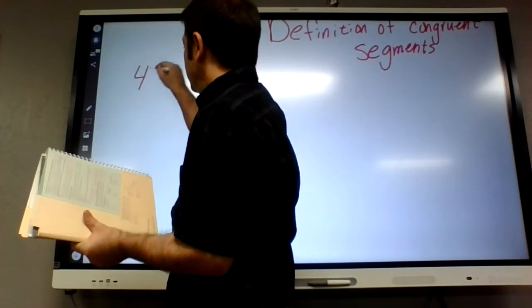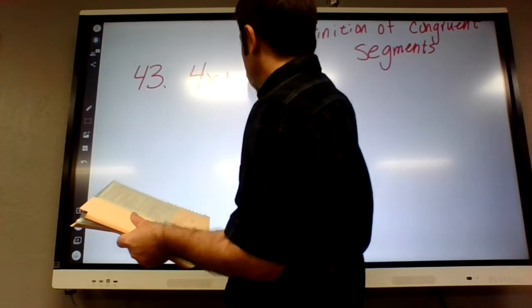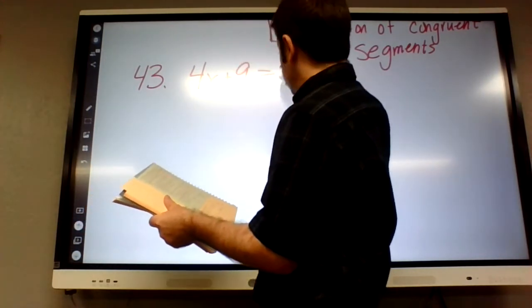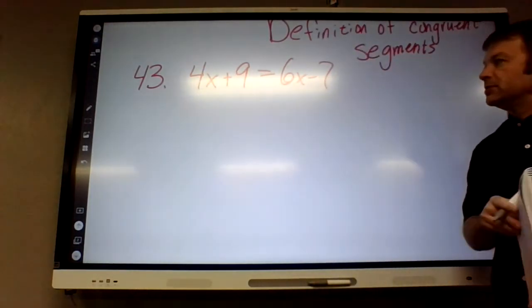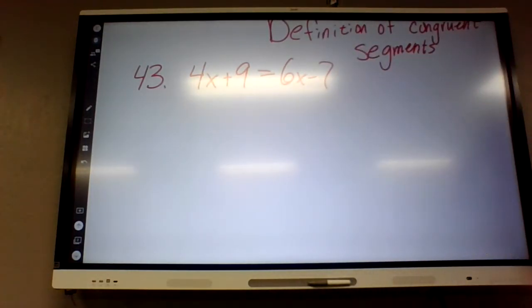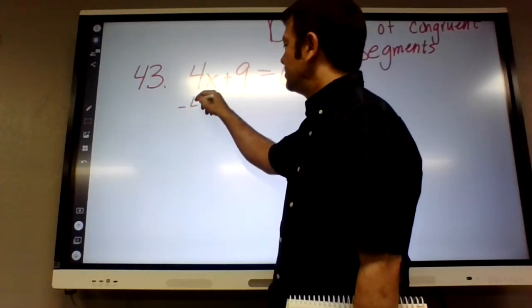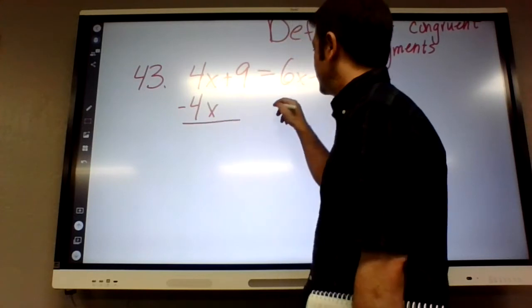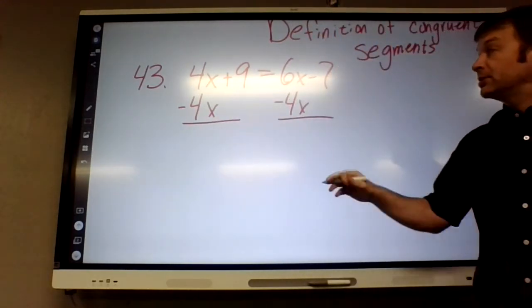There's not supposed to be a trick question on this one. 4x plus 9 equals 6x minus 7. Then what do I do? We got x's on both sides, right? So get rid of the x's on one side.